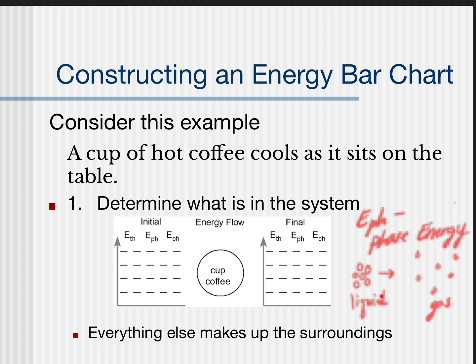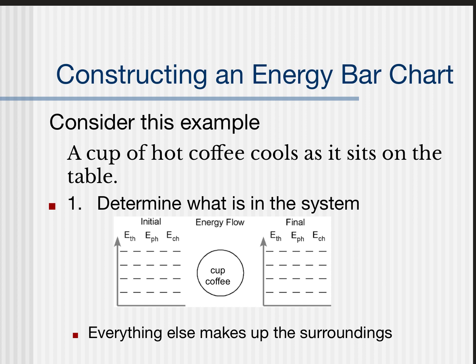We could make the liquid evaporate into a gas. Separating these particles takes energy. This is how we're storing energy in the form of a phase change. So it takes energy to make a liquid into a gas because it takes energy to separate those particles.